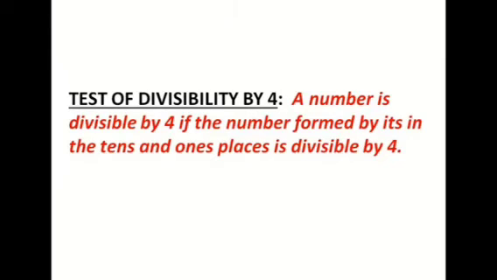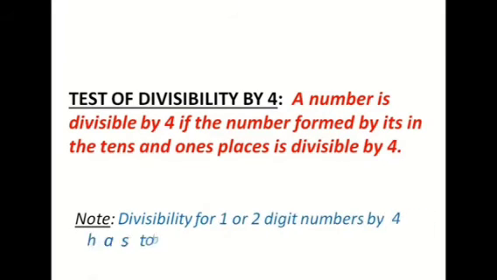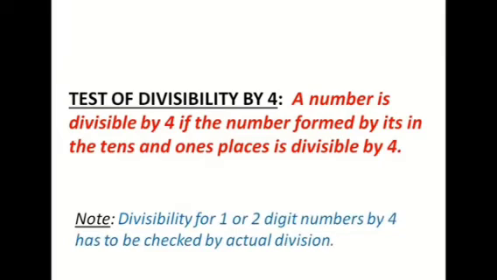Normally we apply this rule for 3-digit or more than 3-digit numbers. But for 1-digit or 2-digit numbers, what do we have to do? We have to go for the normal division method. So please note this point also, that divisibility of 1 or 2-digit numbers by 4 has to be checked by the actual division method.